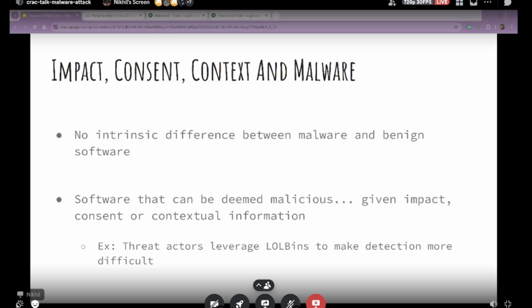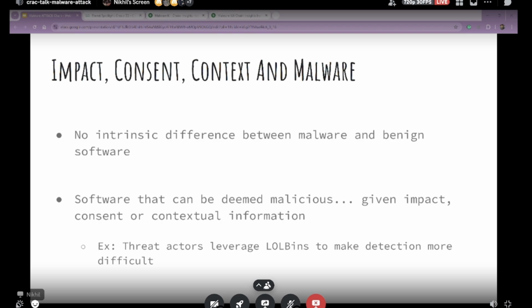If it was obvious which software is benign and which is malware, then it would be so easy to build an anti-malware solution. So maliciousness largely depends on three things: impact, consent, and context.